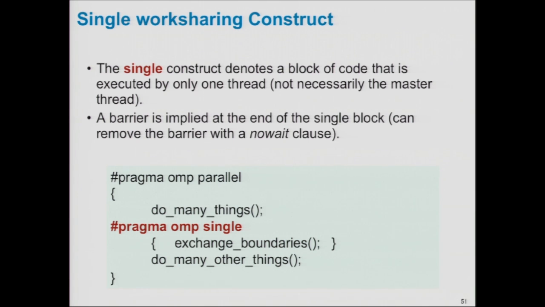You may not want that barrier. The reason you might not care which thread executes it is if the amount of time it takes to do this varies widely, you may want this to be done by the first thread that reaches this point, and that may not be thread 0. However, you may not want that barrier there, in which case you can just put nowait there, which most of the OpenMP constructs that have an implicit barrier allow.